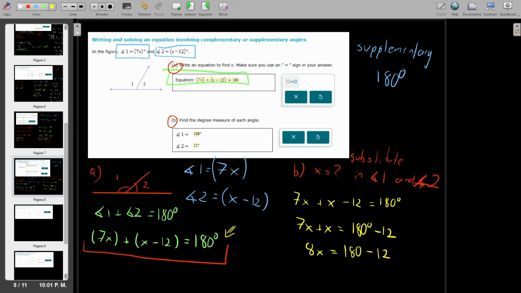Now we're going to be doing this part. 8x equal 162. No, sorry, it's going to be 168.